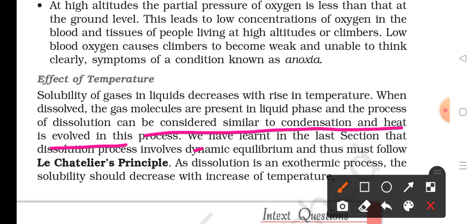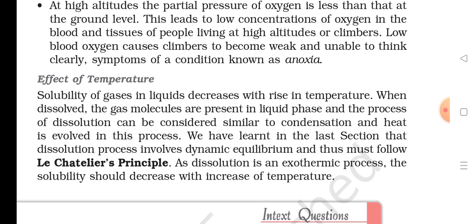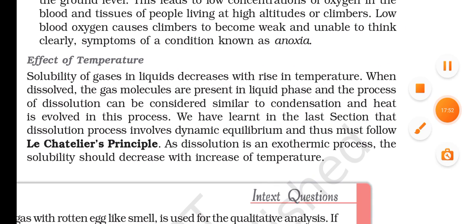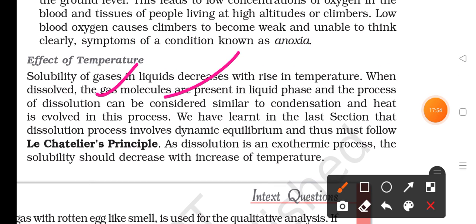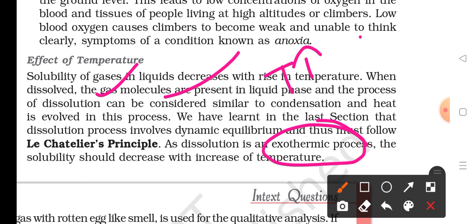We learned in the last section about the dissolution process, equilibrium and Le Chatelier's principle. Today you must know this: whenever we add a gas in a liquid, this process is exothermic, and that's why whenever we increase the temperature, solubility decreases.